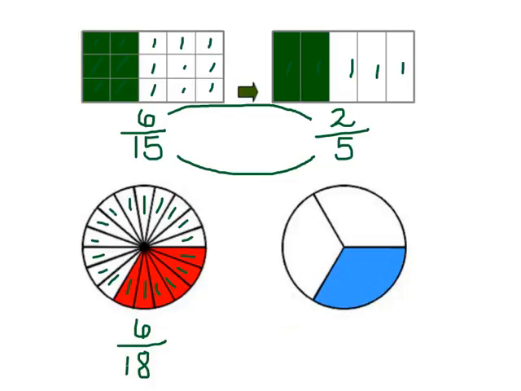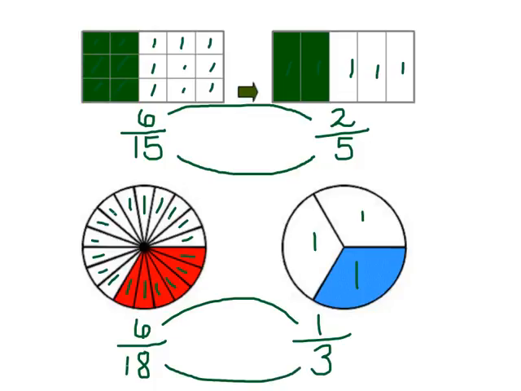Wow, this one right beside it looks a lot simpler to draw and to cut and to count. I have shaded in 1 piece out of 3 pieces. What would I do to my 6 to get down to a 1? I would divide 6 by something. 6 divided by 6 is 1. 18 divided by 6 is 3. Don't forget that whatever you do to the numerator, you have to do to the denominator.